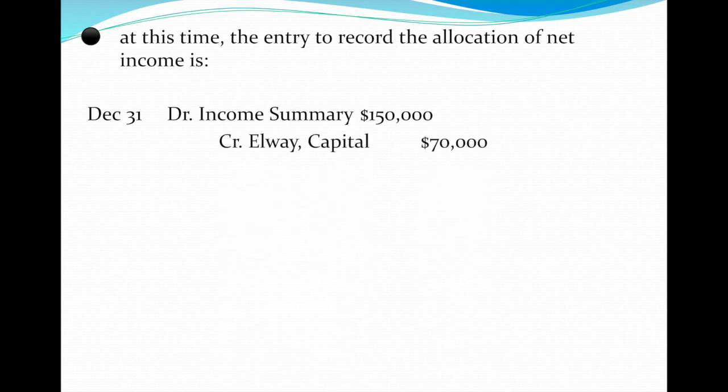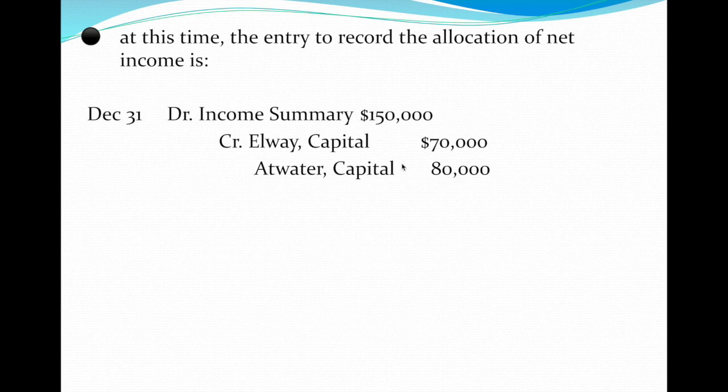So, once we've done this, the entry to record the allocation of net income is, don't forget our income summary account. Again, this is just a temporary account used to sort of pour the income in and then take it out. So we debit our income summary, we credit capital, and we credit capital again.